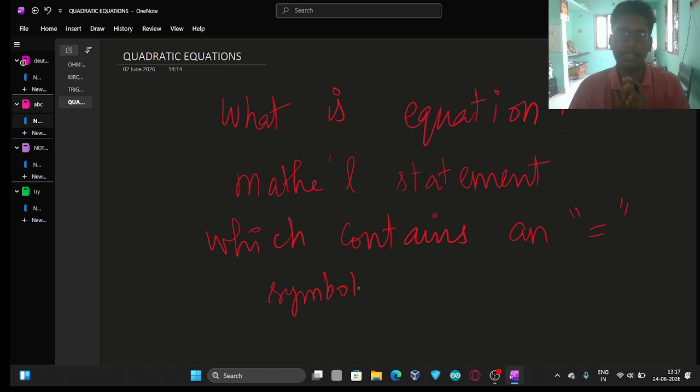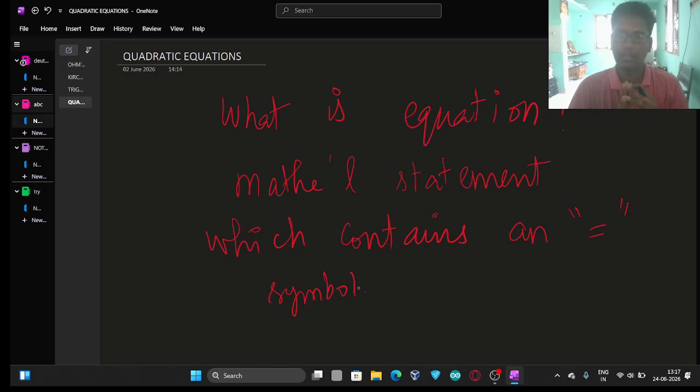The equation consists of two different sides, the left hand side and the right hand side. The equal symbol equates both the sides.